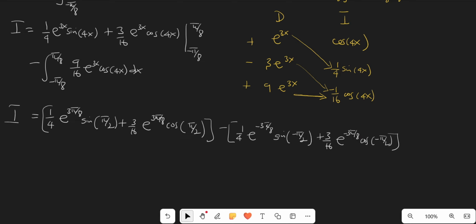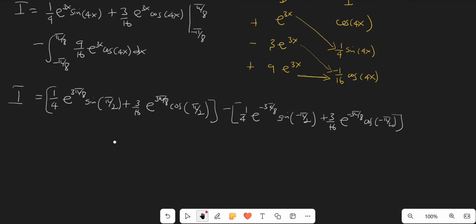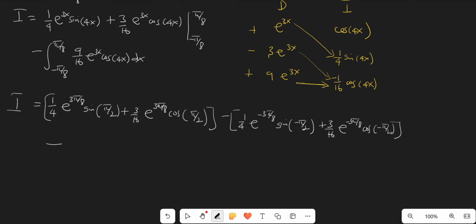Like this is the lower limit. And now minus this integral. So minus that integral is going to be 9 over 16 outside, the integral from negative pi over 8 to positive pi over 8 of e to the 3x cosine of 4x, and then dx.